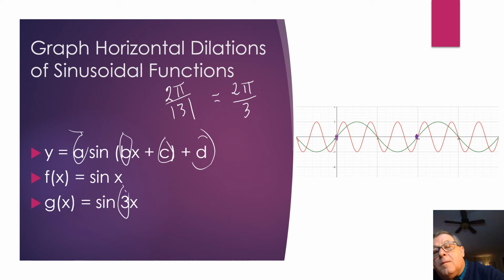I'm going up from the origin, I hit 1, I start coming down, I'm not really at pi over 2 yet, and we come back up. And so my period here is right here.